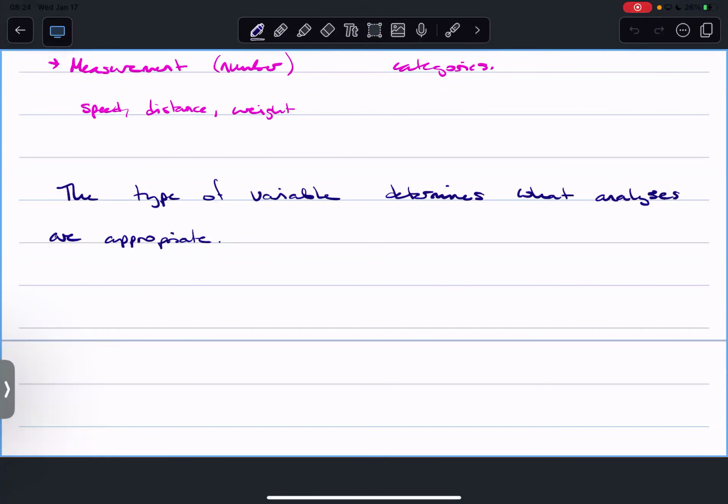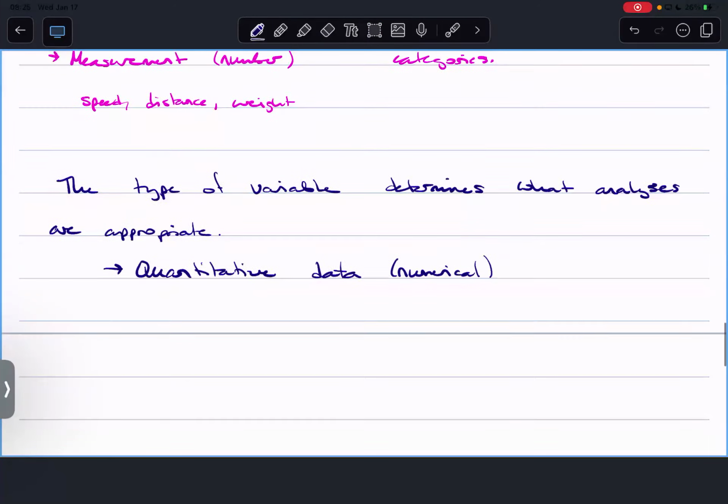Okay, I will add some stuff here. All right. For numerical, or I should try to call it what they call it, quantitative data is numerical. So we can take the average of something, right?